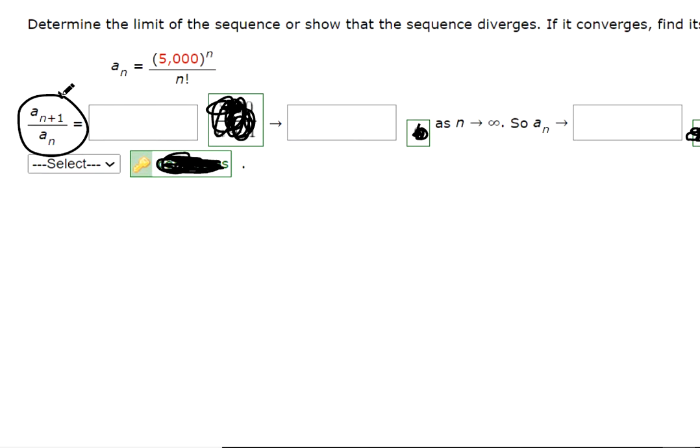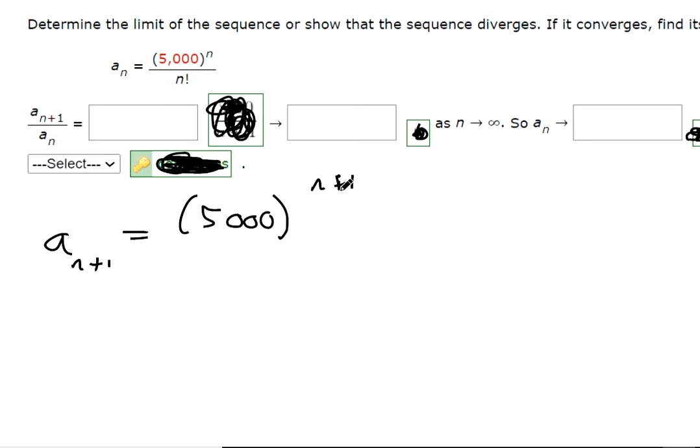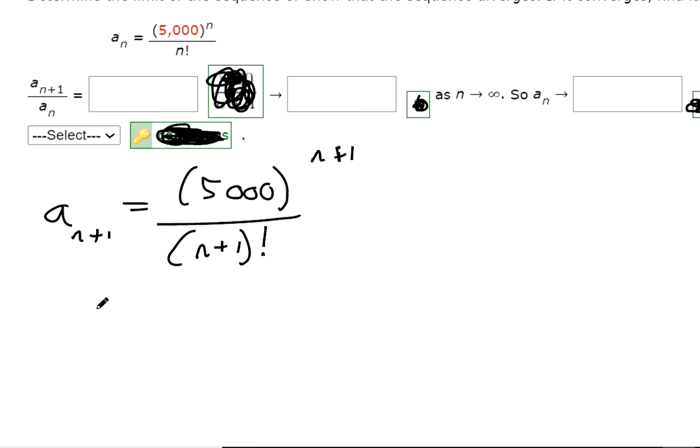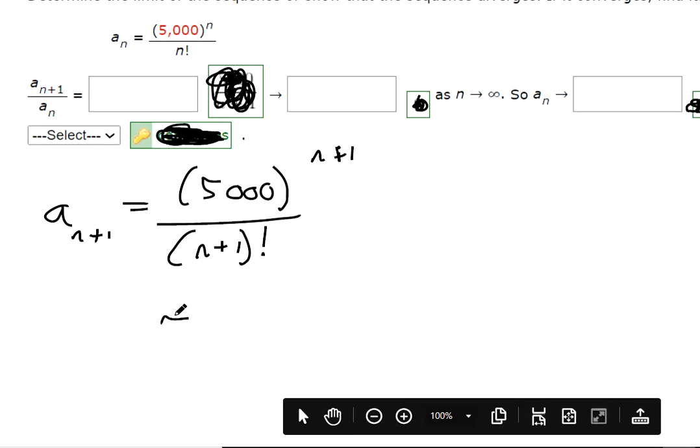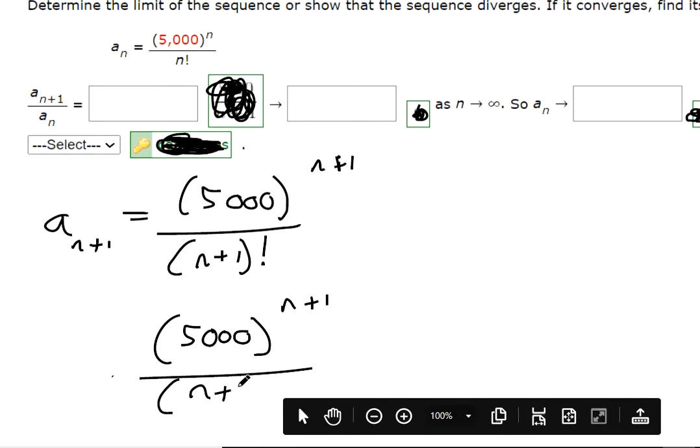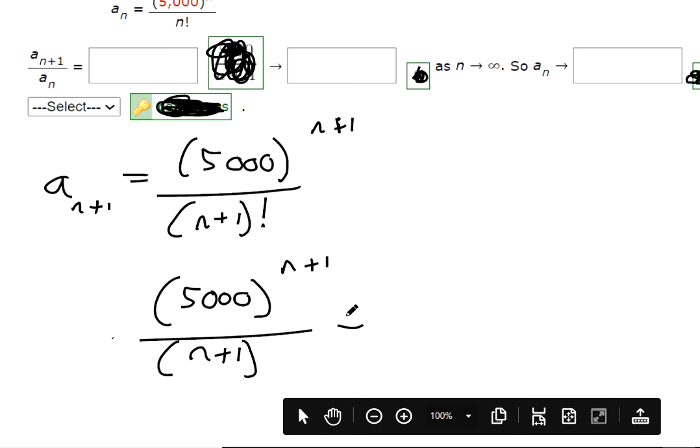So to compute this that they're looking for, the a sub n plus 1 term is 5,000 to the n plus 1 over n plus 1 factorial. And so if we're trying to compute a of n plus 1 divided by a sub n, that's the a of n plus 1 term, and we're dividing it by this term.